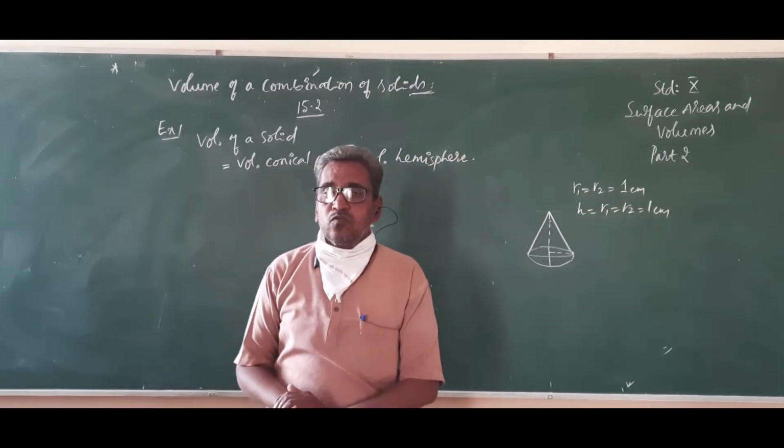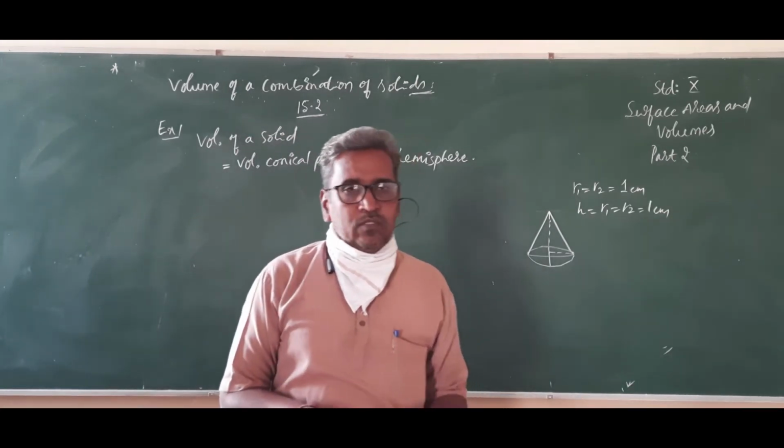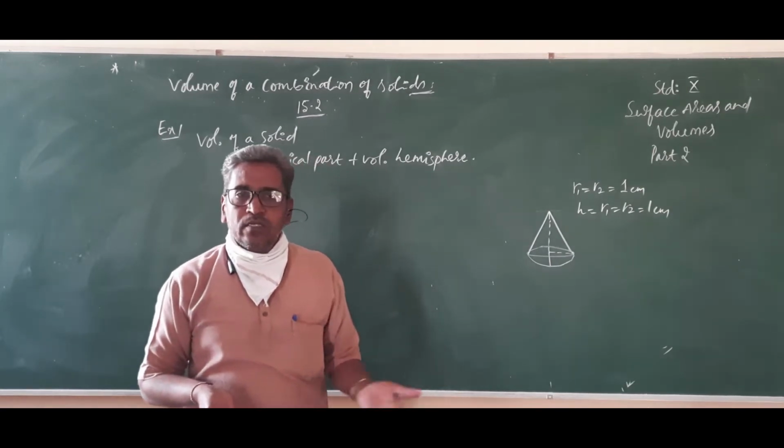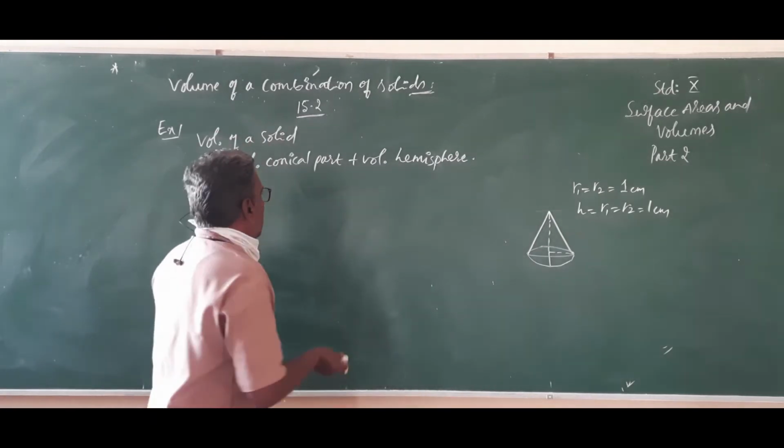Last year you studied the surface areas and volumes of these solids, so you should remember the formulas, just write the formula and substitute. Yes, the volume of the cone.